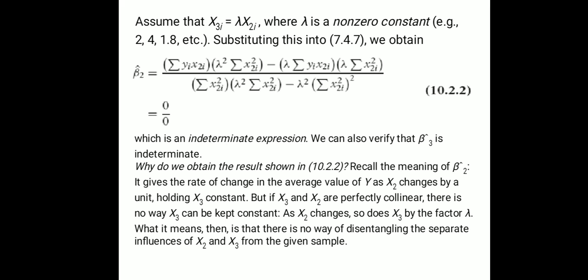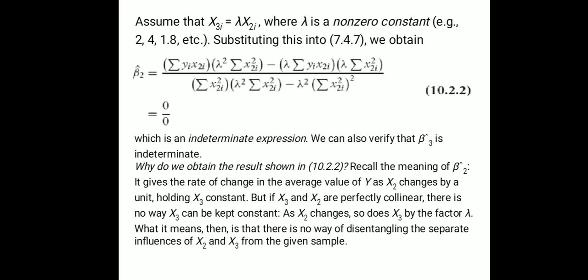Substituting this into the previous equation, we obtain beta 2 cap, substitute all the values, and we get 0 over 0, which is an indeterminate expression. We can also verify that beta 3 cap is indeterminate. Why do we obtain this result? Because they are multicollinear.